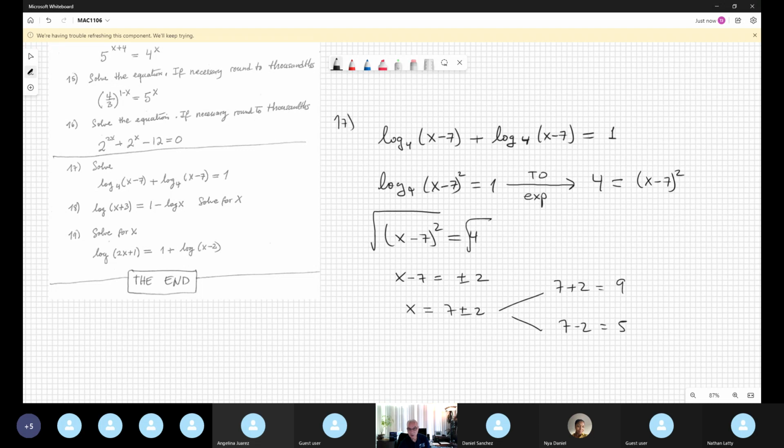I suppose that 9 is good. Why? Because 9 minus 7 is positive. However, 5 no, because 5 minus 7 is negative. And this is no. Therefore, the only solution that we have in this problem is 9. You follow me? Be careful with the logarithm.